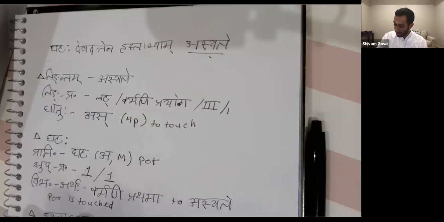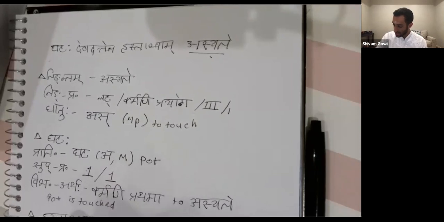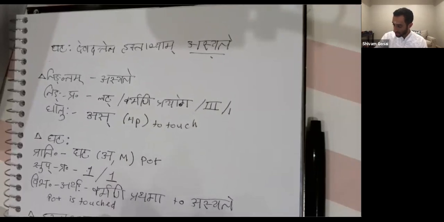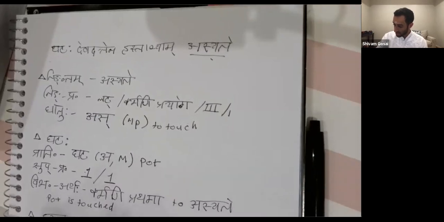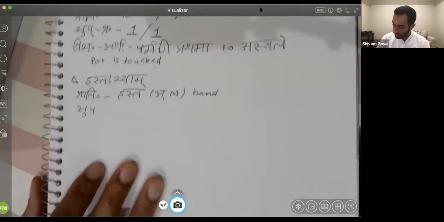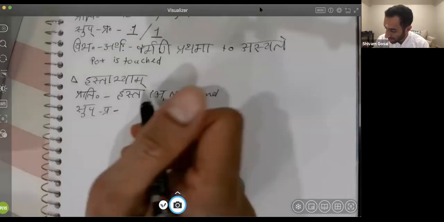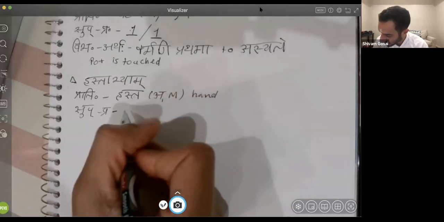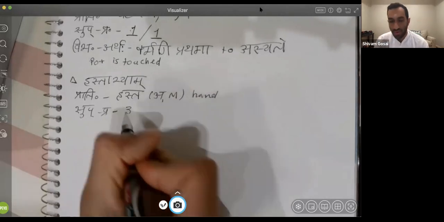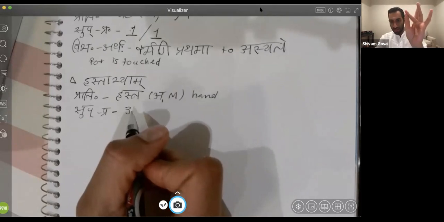The pratipadika here is hasta, akaranta, punlinga, meaning hand, supratyaya is Ramaha, Ramena, Ramabhyam, Ramaihi, right?